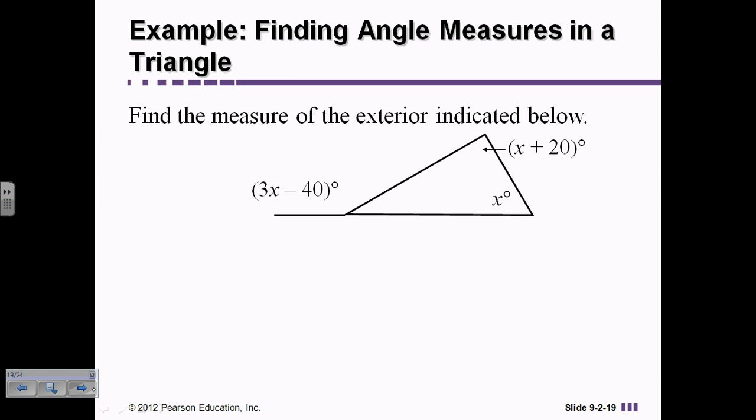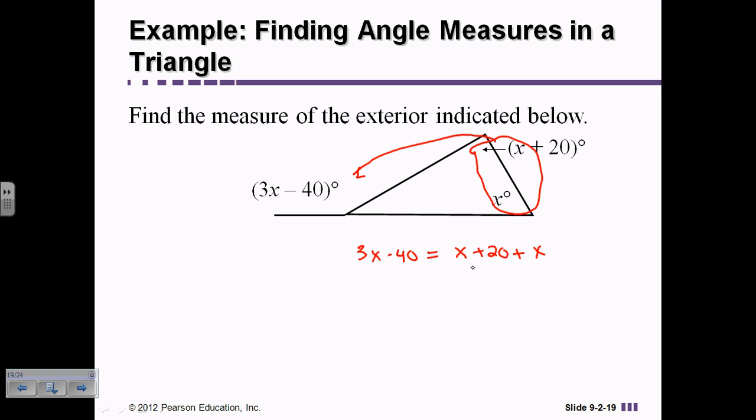So let's apply that to this problem. I know that these two angles added together, since they're on the inside, have to equal that exterior angle. So 3x minus 40 equals x plus 20 plus x.